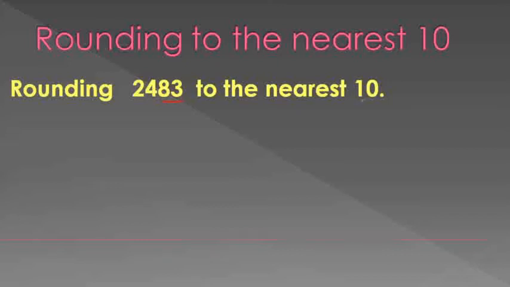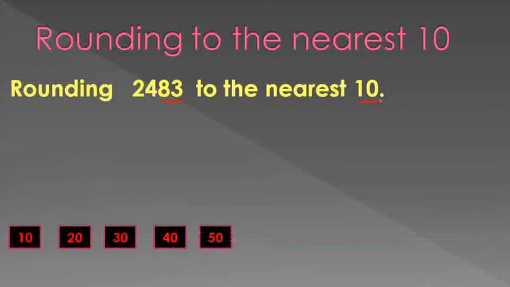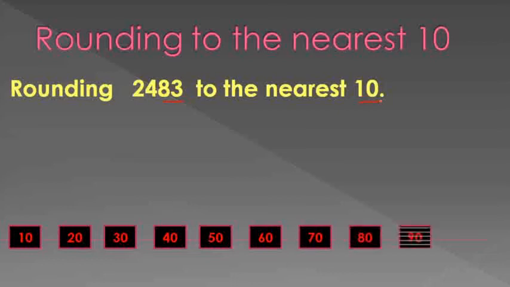Now to round to the nearest 10, write the multiples of 10: 10, 20, 30, 40, 50, 60, 70, 80, 90 and 100. Now just see, this 83 lies between which two multiples? It lies between 80 and 90.